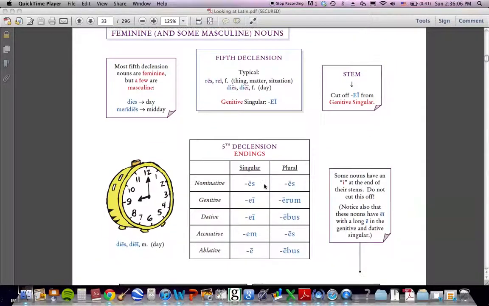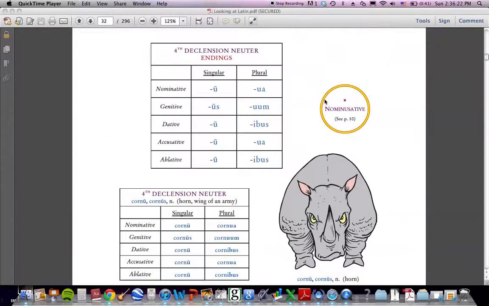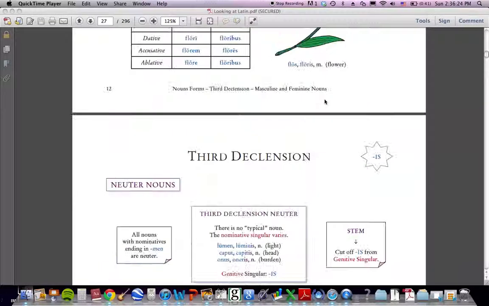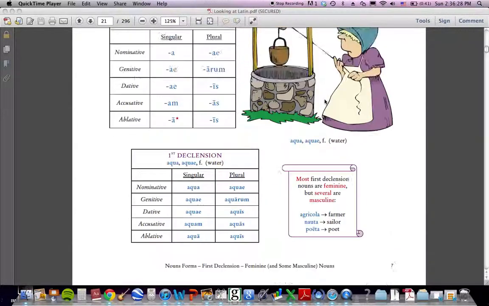The endings of the fifth declension are es, ei, ei, em, e, es, erum, ebus, es, and ebus. Alright, so these endings, these 5 sets of endings that I just went over, will have to be tagged on to the stem of each noun in order to get the full declension of these nouns.